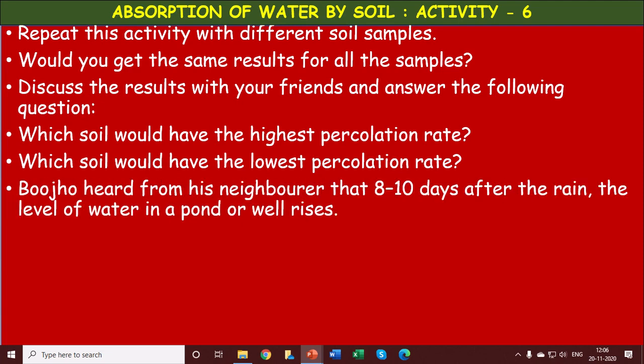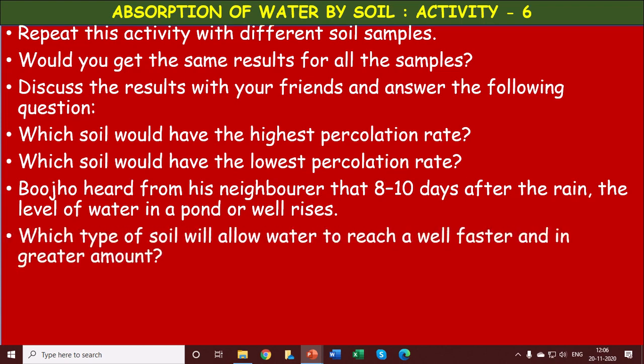And here Bhojo heard from his neighbors that 8 to 10 days after the rain, the level of water in a pond or well rises. What is the reason? Which type of soil will allow water to reach a well faster and in greater amount?